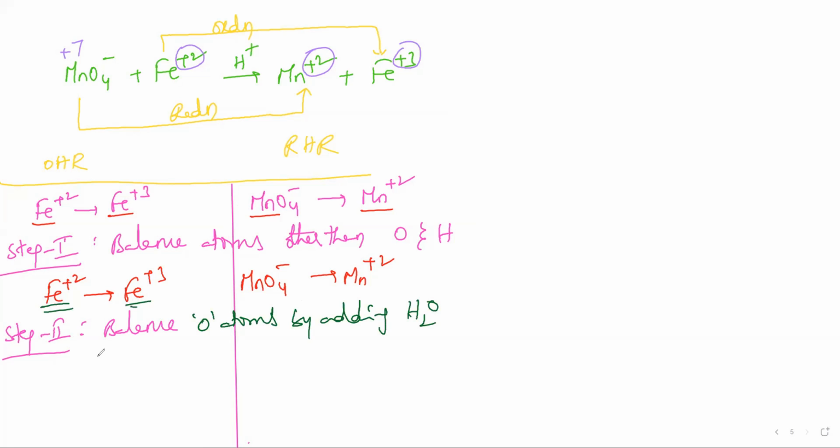Here no oxygen, right? As it is. Here MnO4 minus has 4 oxygens, and on the other side no oxygen atom. So MnO4 minus gives rise to Mn plus 2. How many oxygens? 4. So I add 4 water molecules. Done.